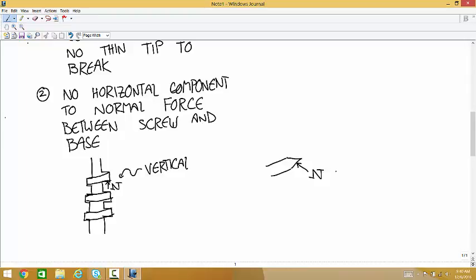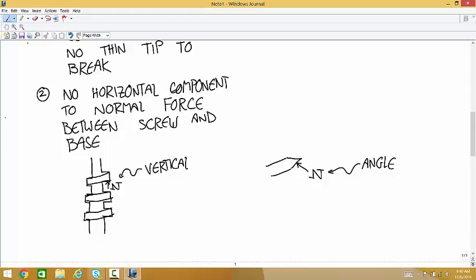Would it also be a horizontal component for a normal force on the regular thread? Yeah, right. So this has a horizontal and a vertical component. This one just has a vertical component.